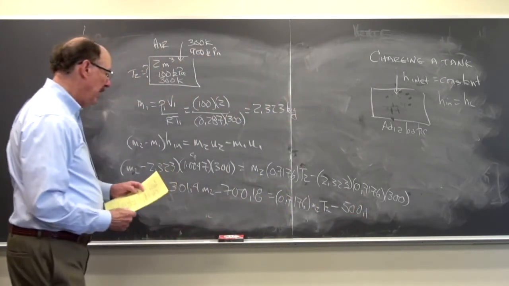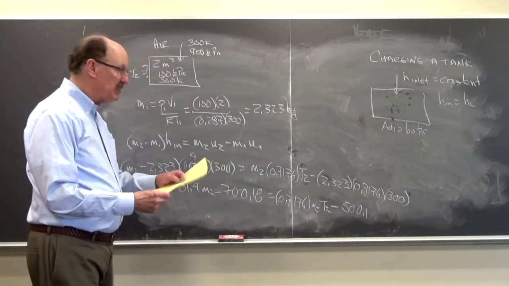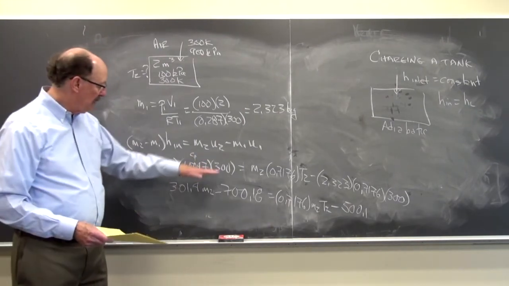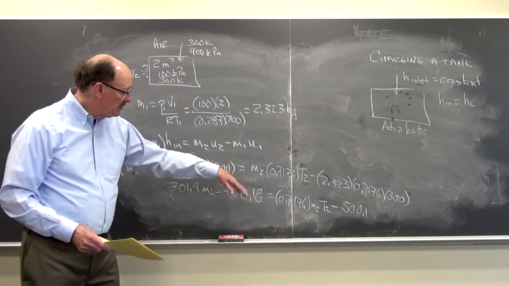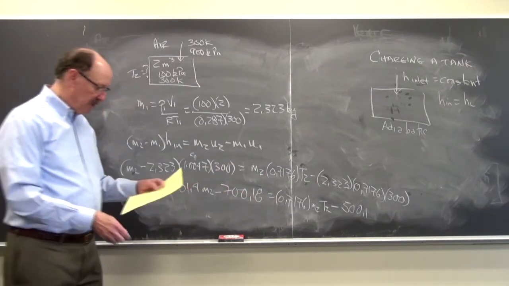And now I'm going to bring this over, and we'll see what the equation looks like in a more cleaned up form. So I multiplied this out, I got these terms, I can bring the 500 over, subtract it there, and then let's see what the equation looks like.